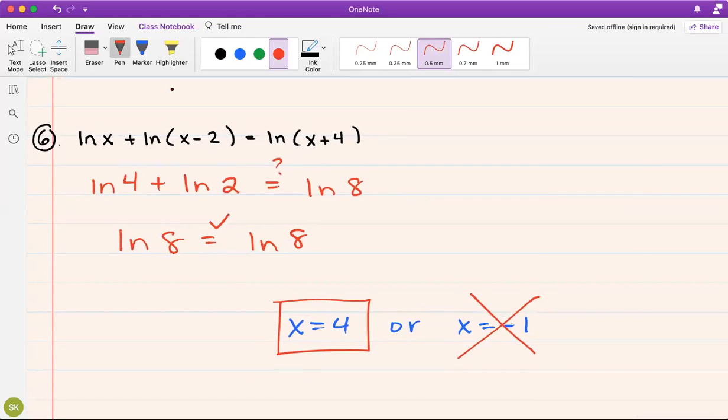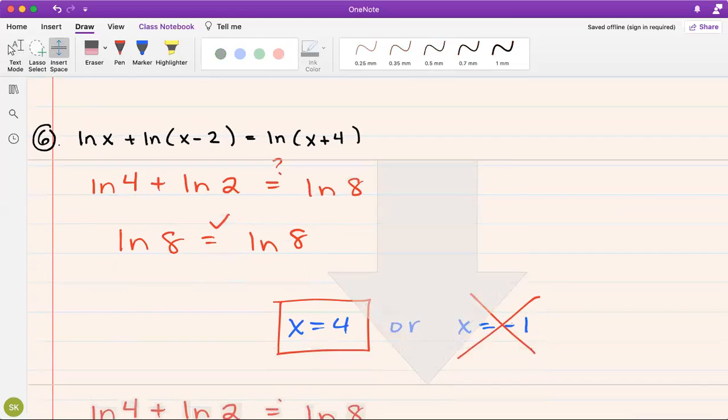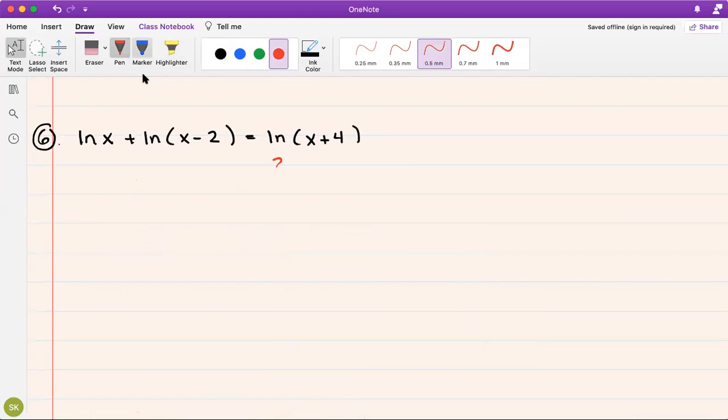Okay. Now I wanted to show you that there was another way to do this. And what I mentioned was to move everything to the left-hand side. So you get ln of x plus ln of x minus 2 minus ln of x plus 4 is equal to 0.